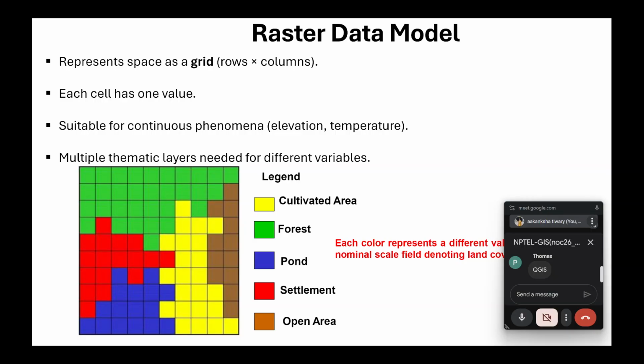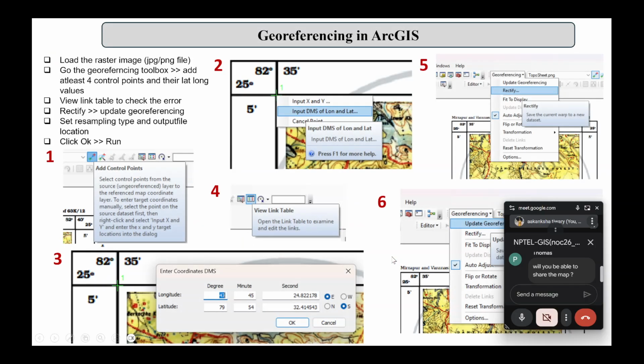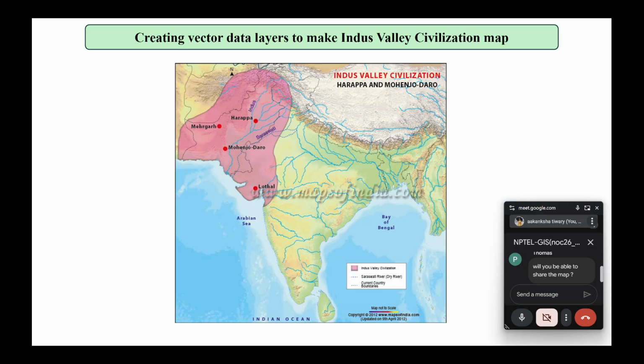For the raster data, today I have shared one map. You can just Google any map. You don't need to use the same map as I did. Just Google any map which has grids or something that you can use as a reference point, with at least 4 points for georeferencing.